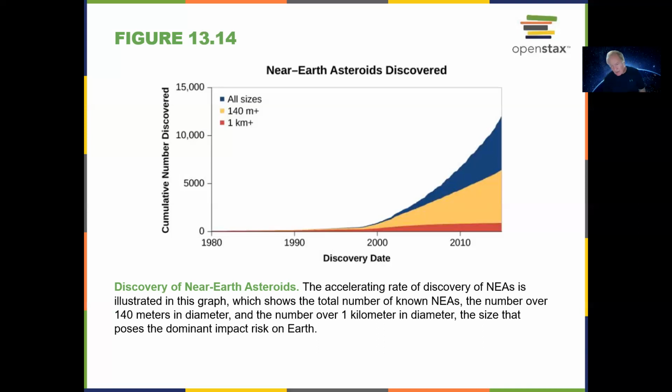It shows the total number of known asteroids, the number over 140 meters in diameter, and the number over 1 kilometer in diameter, and that size poses a dominant impact risk on the Earth.